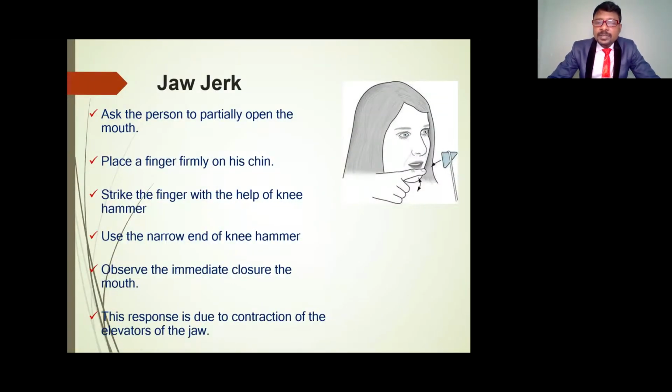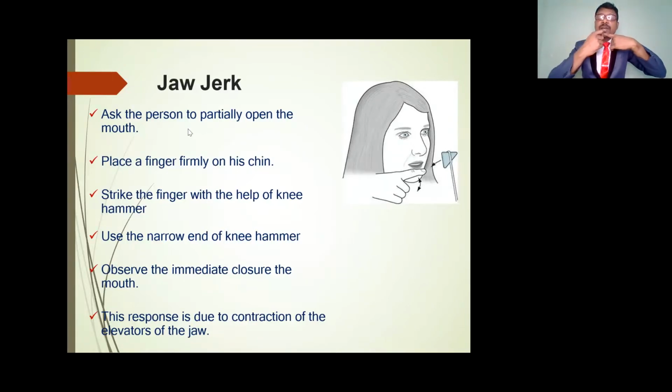One more deep tendon reflex is the jaw jerk. For this also, the patient should be in a comfortable sitting position. We place our index finger over the jaw, then ask them to breathe deeply and relax.